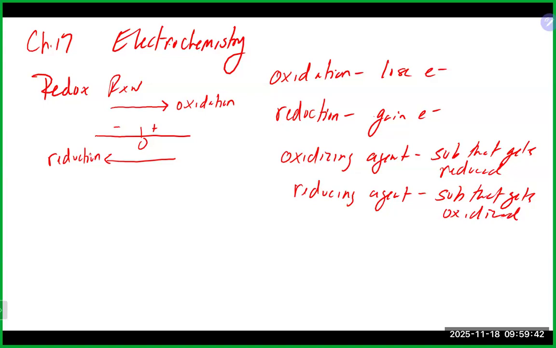And again, they're called agents because that is the effect they're having on the other substance that's present. So the oxidizing agent is causing the oxidation of somebody else, so they can lose electrons, so it can gain electrons and get reduced. Well, the reducing agent is causing the reduction of somebody else, and that is because it is going to lose electrons, which means somebody will gain them and be reduced.